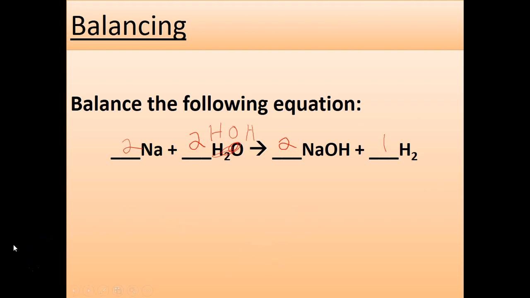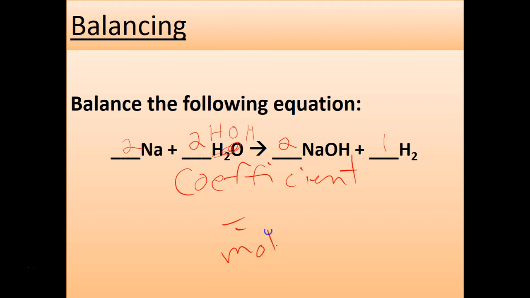When we've talked about equations, we usually mention the coefficients as atoms and molecules. But another thing that they actually represent are moles. So this equation actually reads 2 moles of Na plus 2 moles of water will create 2 moles of sodium hydroxide plus 1 mole of hydrogen. Therefore, what we can say is that our coefficients are also going to be moles.